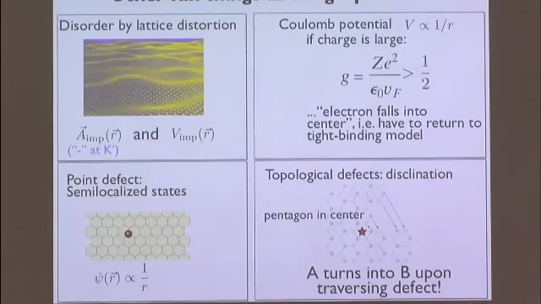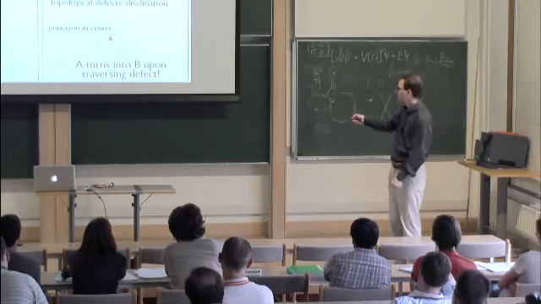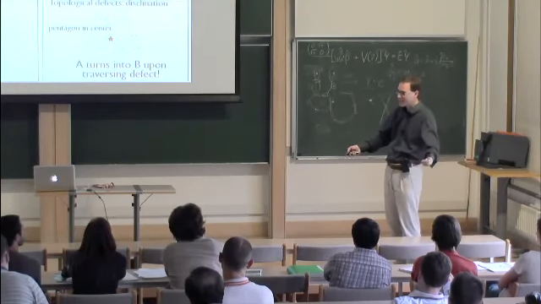But the funny thing is that now you identified the A and B sublattice points at this edge. So red has to be identified with green, green has to be identified with red. So the situation is somehow strange because locally everything looks all right far away from the center. However, if you traverse once around the center and you started off in A, you will end up in B.